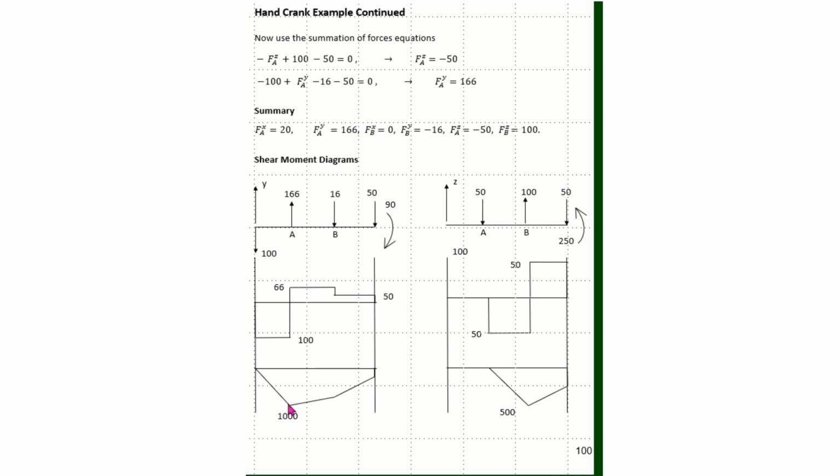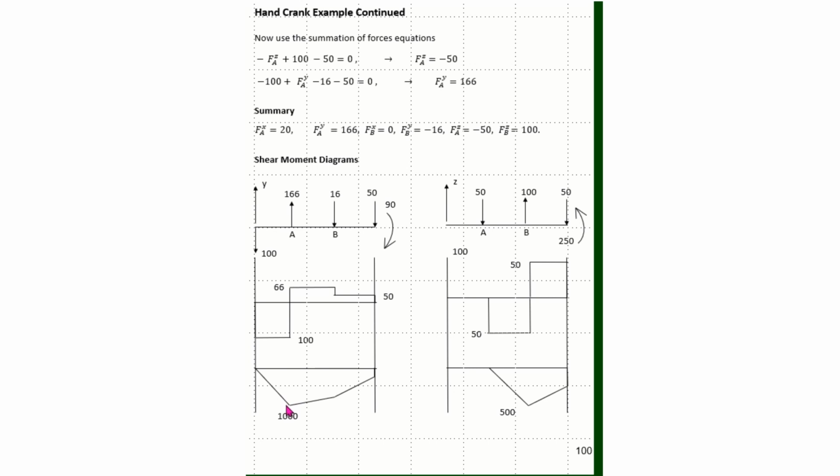So this is likely where the largest stress will occur, but at bearing B, I can also see that I have a significant moment here, and I have a significant moment in the x direction of 500 at bearing B here. So these two moments here could likely combine to be a larger moment than this 1000. In this case, that doesn't happen, and this point A becomes the critical stress location.